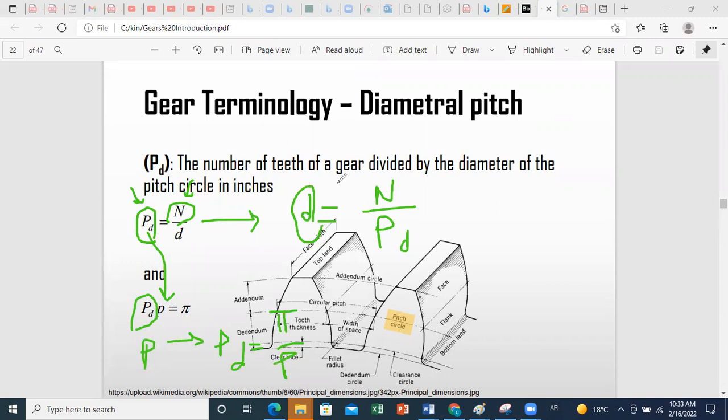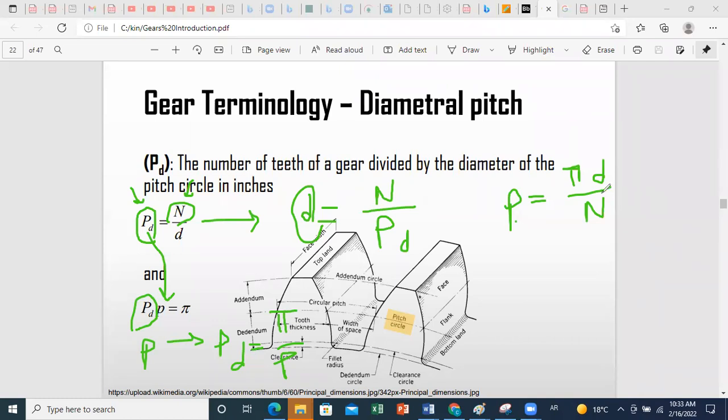Or you go directly to your previous slide, where the relation between the circular pitch, the number of teeth and D is that the circular pitch P is equal to pi D over N. It depends on the tables you are using and what parameters you have; you decide which formulas to use to get the other parameters.